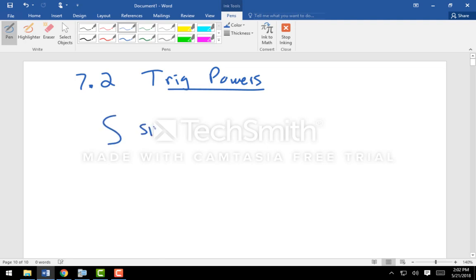Let's say I have the integral of sine cubed of x. In this section, basically what we're going to be looking at is U-substitution. The way we're going to handle almost all of these integrals is to approach the integral as a U-substitution. Let me incorrectly show some work. If I let u equal sine x, then my derivative of sine is cosine of x.